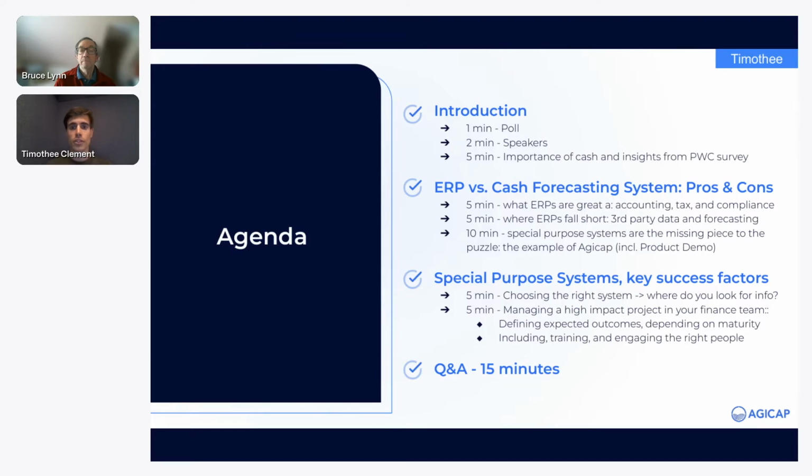So what are the pros and cons of each? We'll start from the ERP perspective and then progressively discover what it means to use a special purpose system as a complement, taking the example of Agicap, including a short product demo. We'll then see what the key success factors are to implementing such systems and save a lot of time at the end for your questions on Agicap, on ERPs, on anything you may want to ask to ourselves or to other attendees of this webinar.